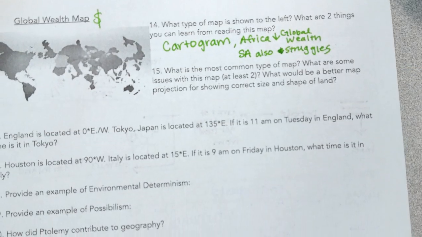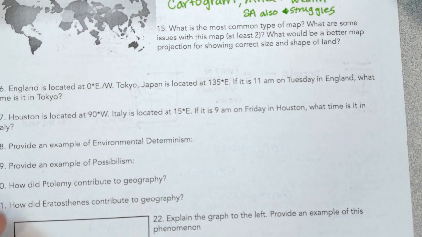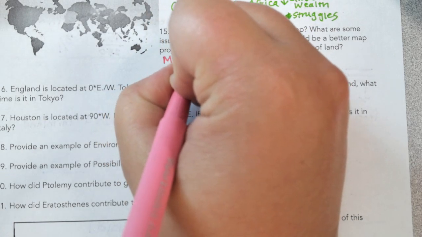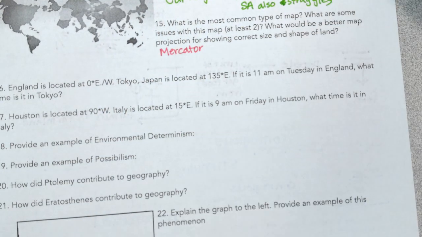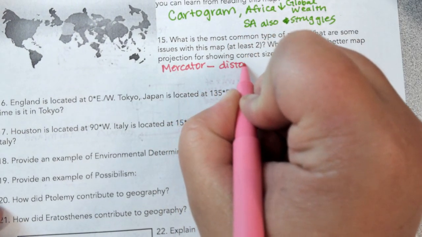Alright, what is the most common type of map and what are some issues with this map? This is when we're talking about different types of map projections, and we talked about the most common is the Mercator projection. Some of the problems that come with the Mercator projection are it's distorted at the poles.